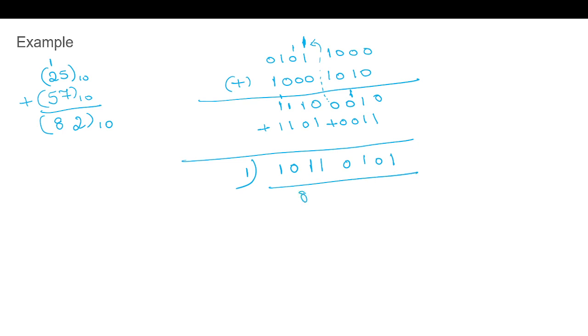So this is 82 in decimal. So this is the BCD. We have converted to XS3 and then we have performed the addition using XS3 code. So here in this addition, when there is no carry, we have to subtract 3, or you can add the 2's complement of 3, 1, 1, 0, 1.